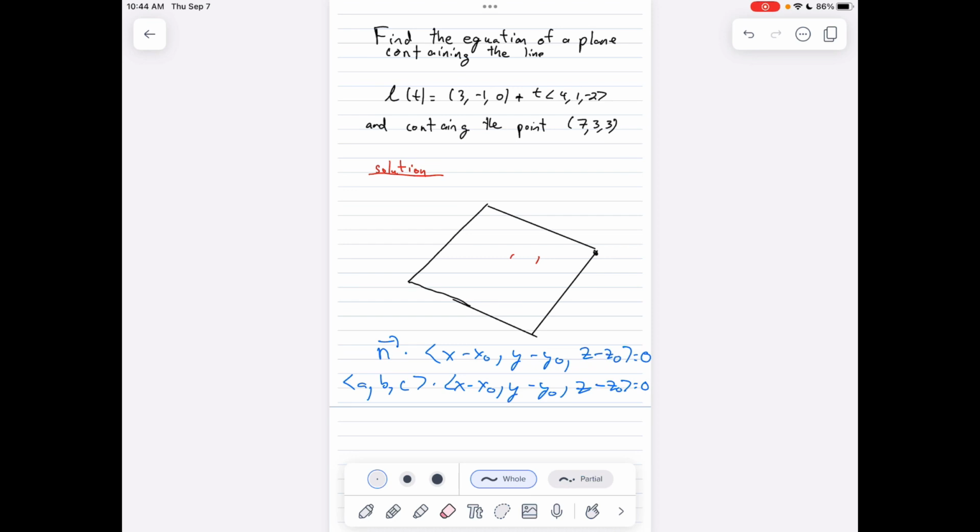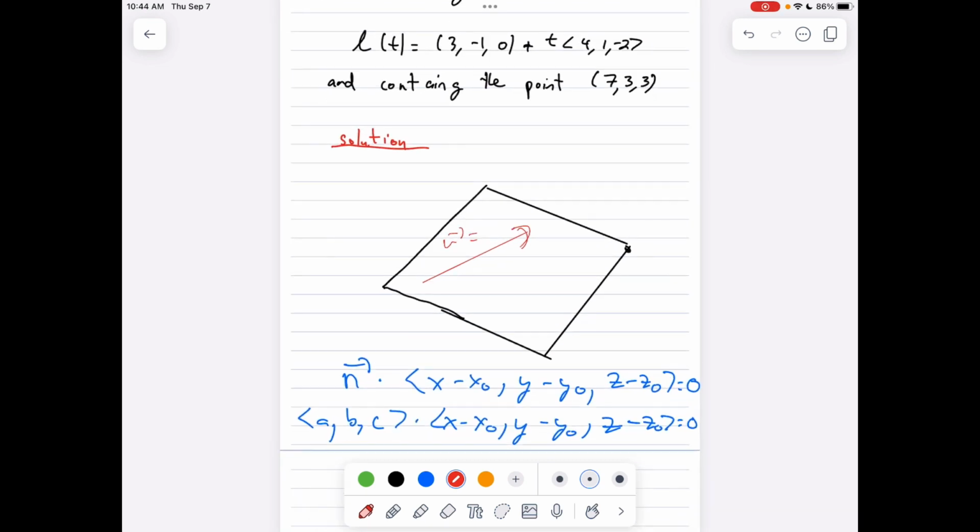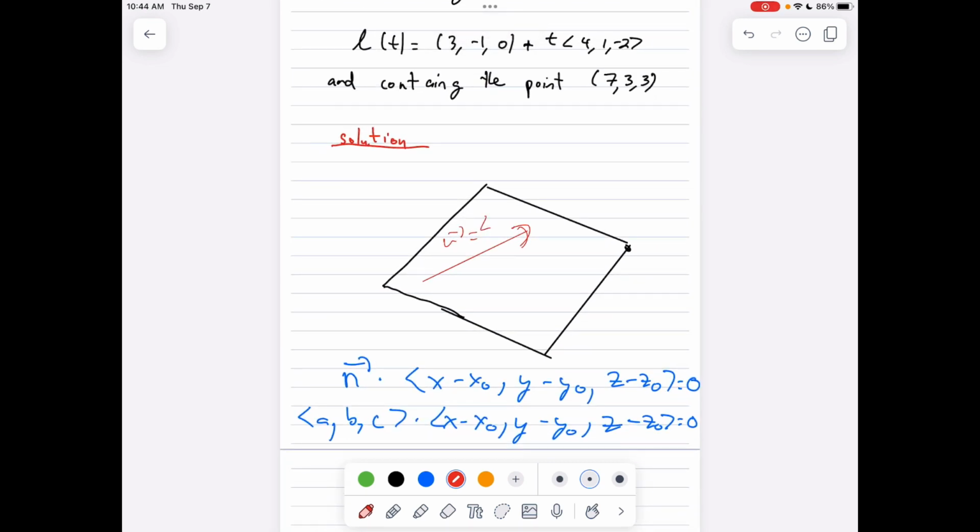I'd have a line, and you've got a vector here that defines the line. It's (4, 1, -2), which gives its direction. Let me call that u. So u equals (4, 1, -2).